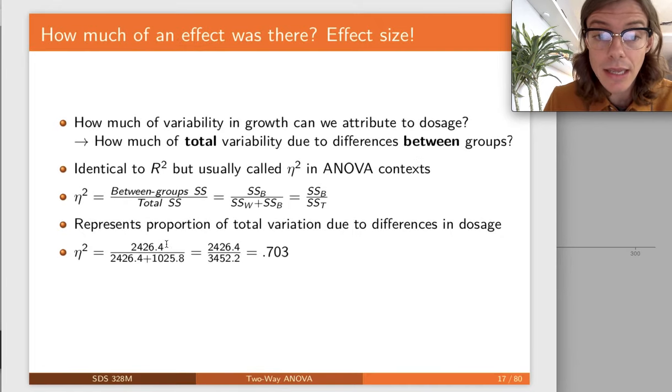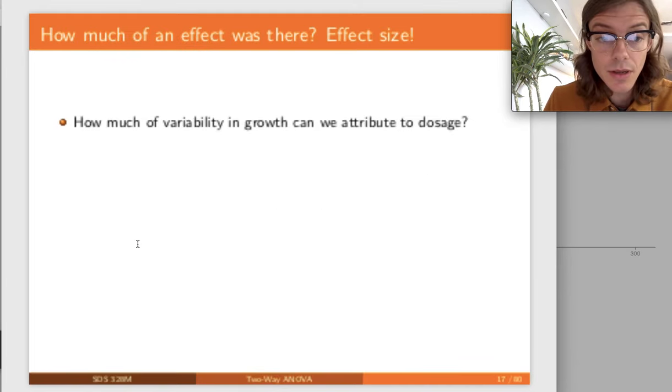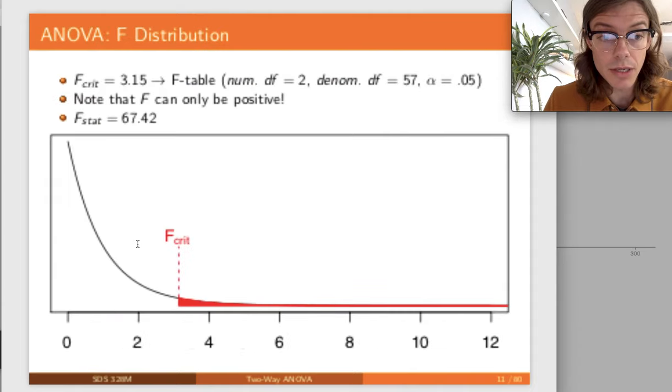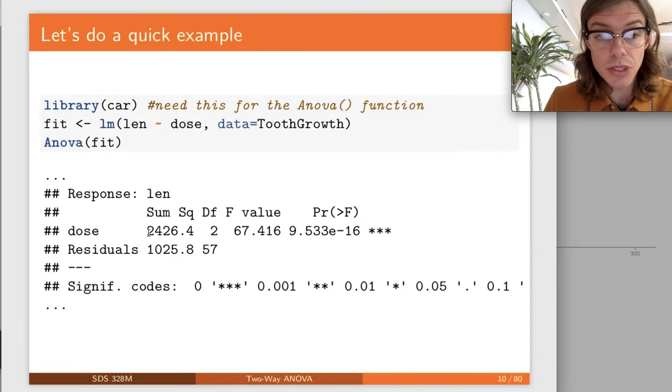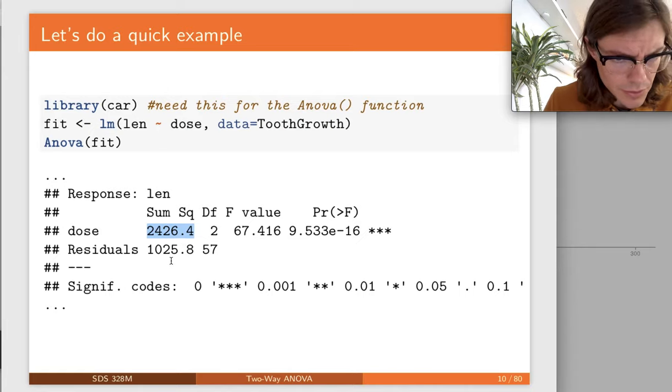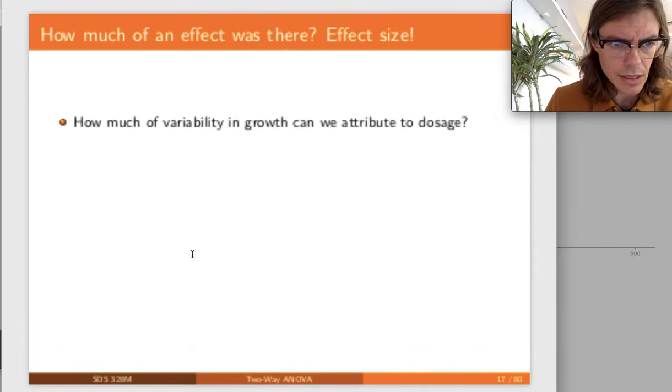We can go back and get, hey, what was our sum of squares between groups? Where is that? Way back here: sum of squares between groups, 2426.4, out of the total, which will be like 3,400 and, what is that? 52.2 or something. You got to add them up.